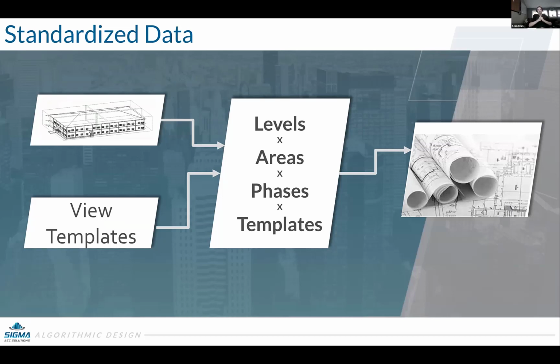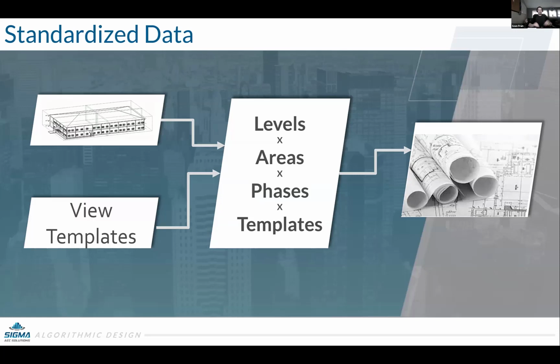From the MEP side, if you take a well-standardized architect model that has all of its view scope boxes, its levels, stuff like that, and you have some standard view templates for your different phases, different construction types, coordination, then you can combine the architecture model and the view templates with Dynamo and use all that to create all your hundreds of sheets. Big buildings get really, really big, with a lot of sheets.